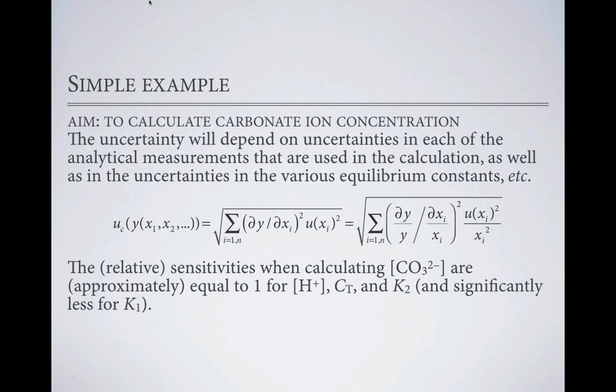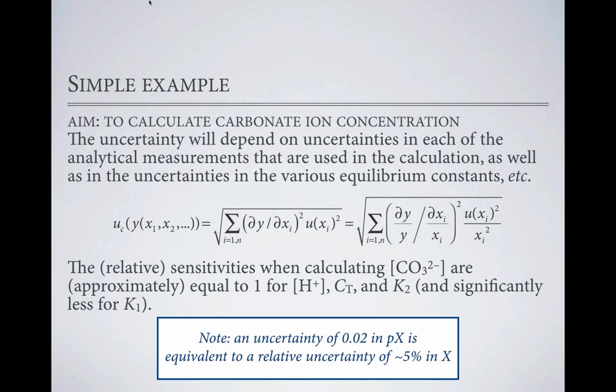For K1, it's much less. It's about 0.2. So immediately you see we can ignore K1 and we can look at these others. And now we have to remind ourselves, because we talked about uncertainty in pX, pK, or pH, an uncertainty of 0.02 is about 5%.